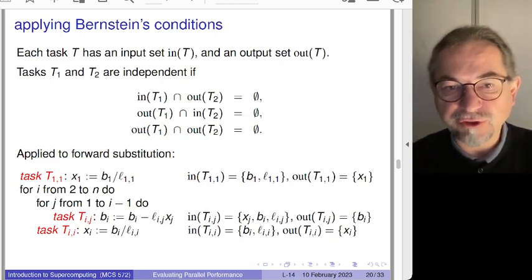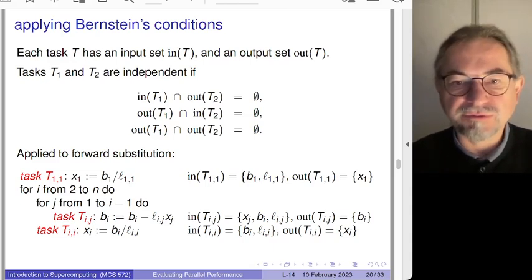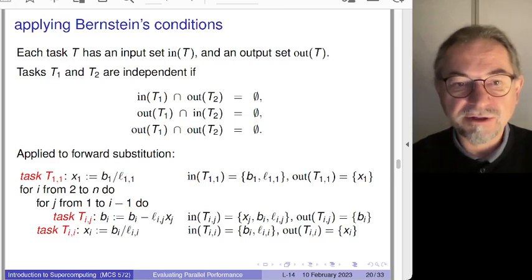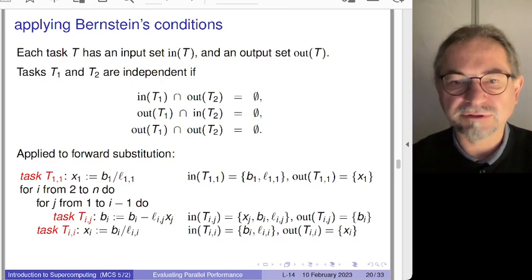For every instruction, we can list what is the in and what is the out, so what goes in and what goes out in every task. We can formulate this quite in general. We've seen with the OpenMP dependency clauses, we can also give the in-out. So with the task ij, we would have an in-out dependency on the ith component of the B vector.